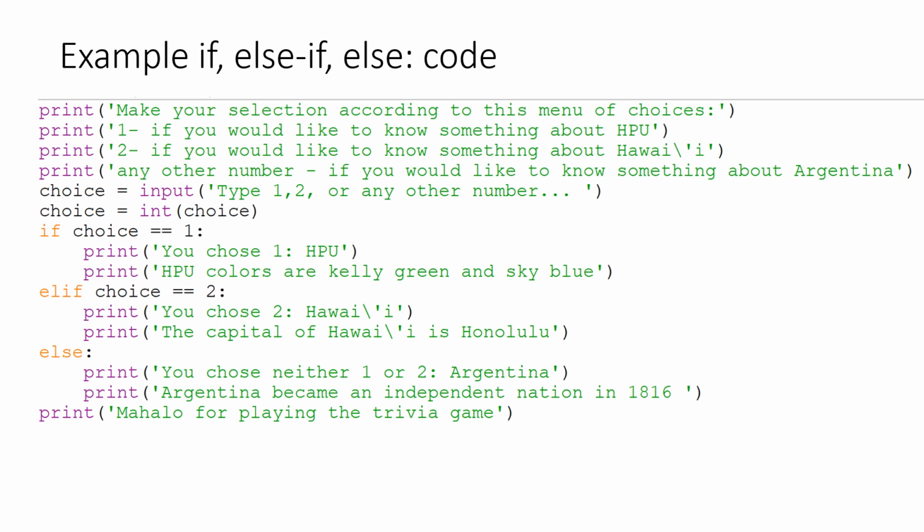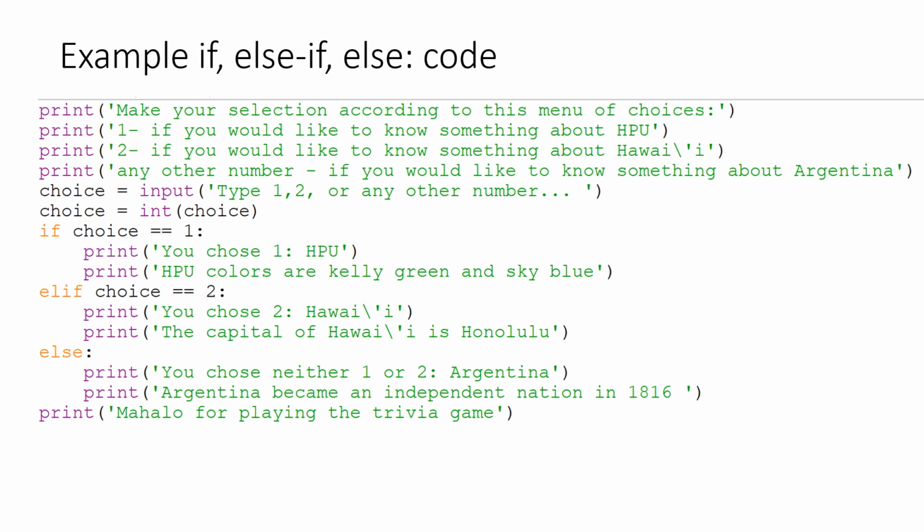So if the choice is 1, so choice equals 1, colon, we display 2 things. You chose 1, HPU, and then my little trivia about HPU. Else if, notice the way else if is contracted, or how it's spelled out.